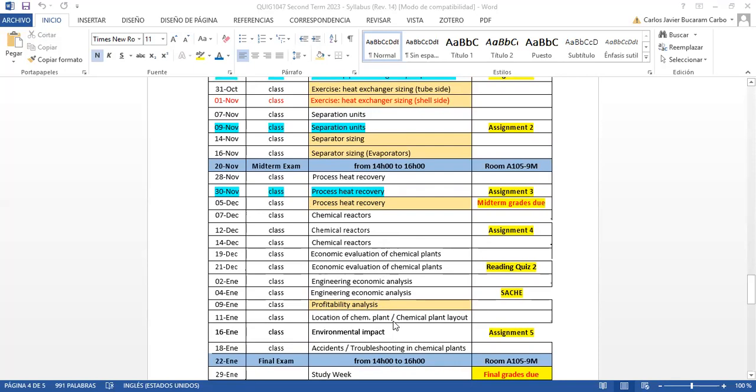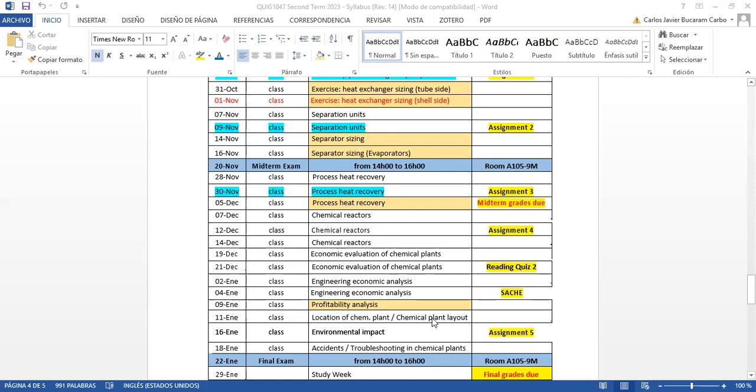These are the last, remaining topics, which are complementary topics: the location of a chemical plant, the layout of a chemical plant, the environmental impact on the community surrounding the plant, and accidents and troubleshooting in chemical plants. So they're the very last complementary topics.